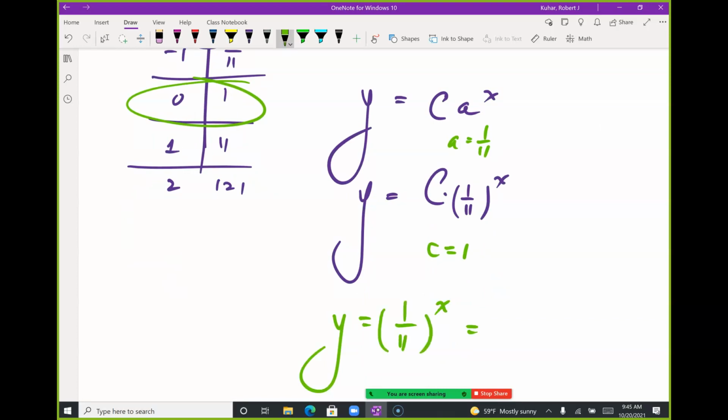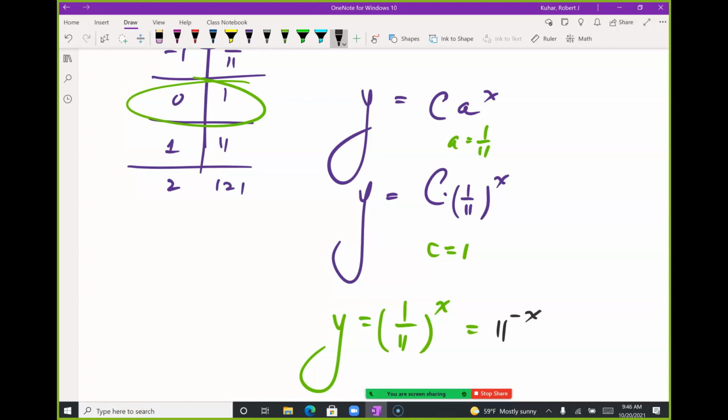And of course I could rewrite this. What's another way of rewriting this? If you're thinking the inverse, y equals log 1 over 11 x, no. I'm just saying rewrite this, make this a little bit easier. I can write this as 11 to what power? Negative 1. Almost, negative x.